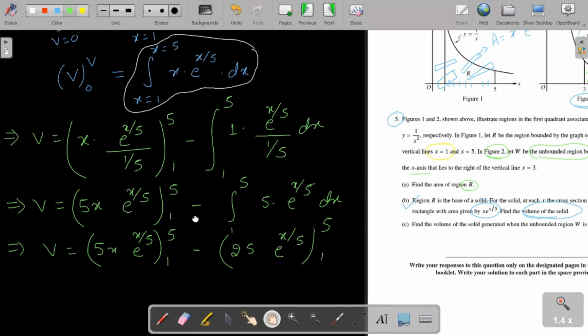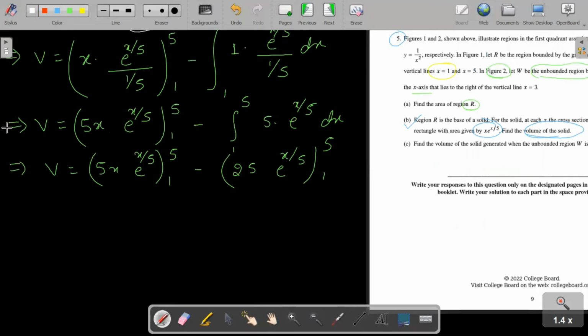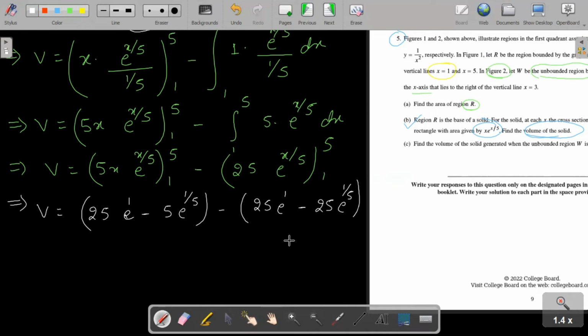Let us substitute the limit. So we will get v is equal to 25 e raised to power 1 minus 5 e raised to power 1 by 5, this minus 25 e raised to power 1 minus 25 e raised to power 1 by 5.